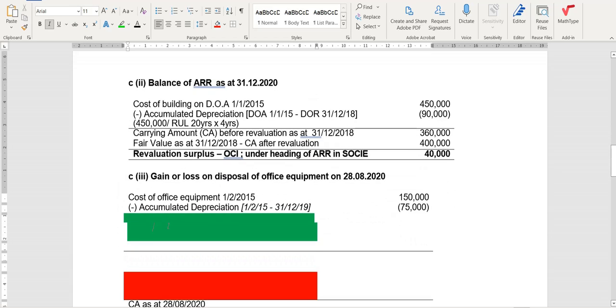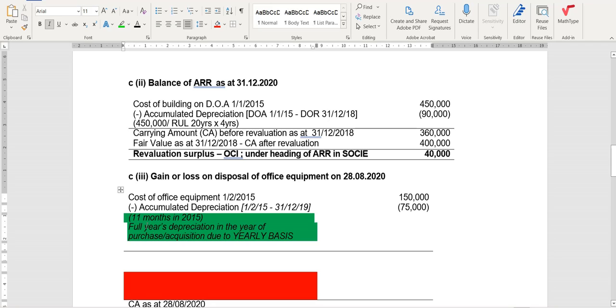Here you can see I've put some little note. In 2015, it was just 11 months.